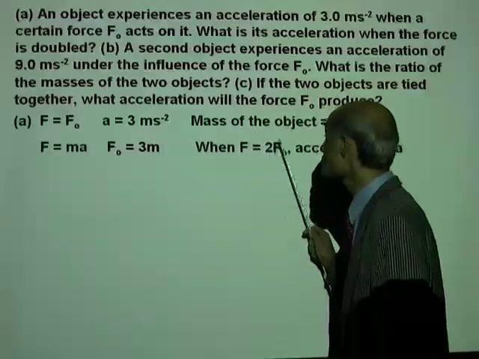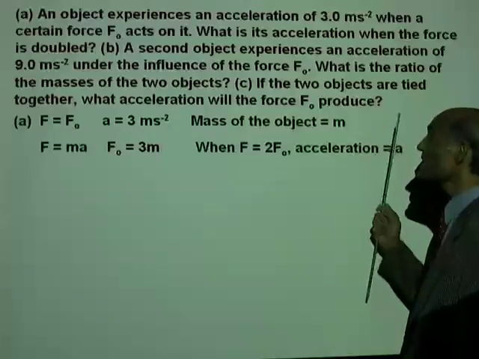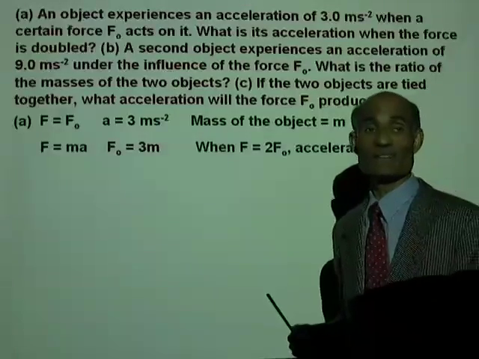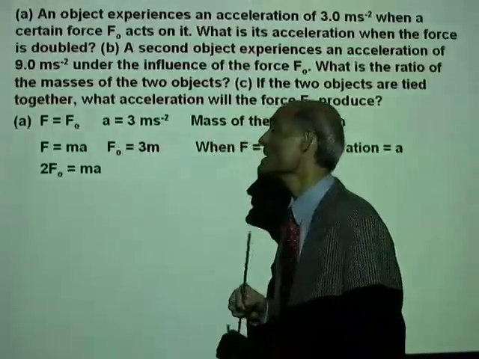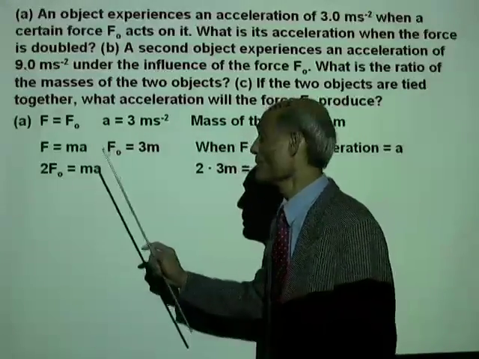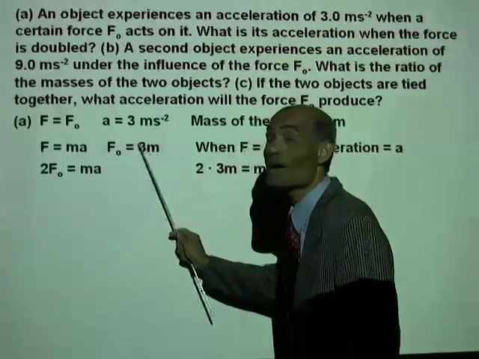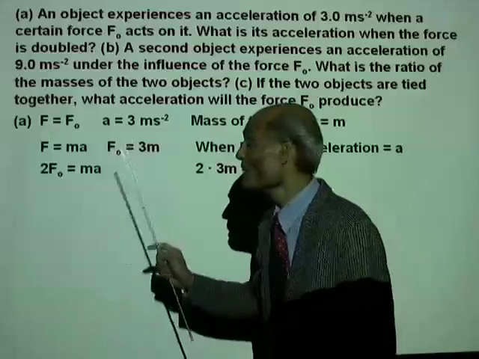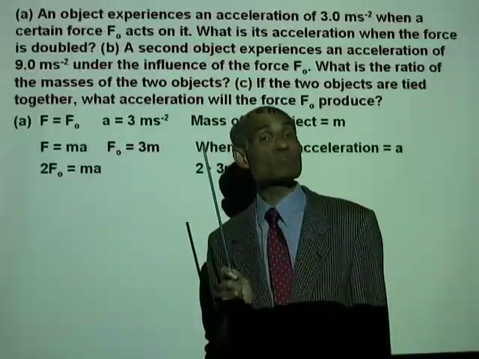When F equals 2F0, let the acceleration be equal to a. Then 2F0 will be equal to ma. Now, but F0 is 3m. Look at the advantage of that. Wherever we have F0, we can now replace it with 3m.